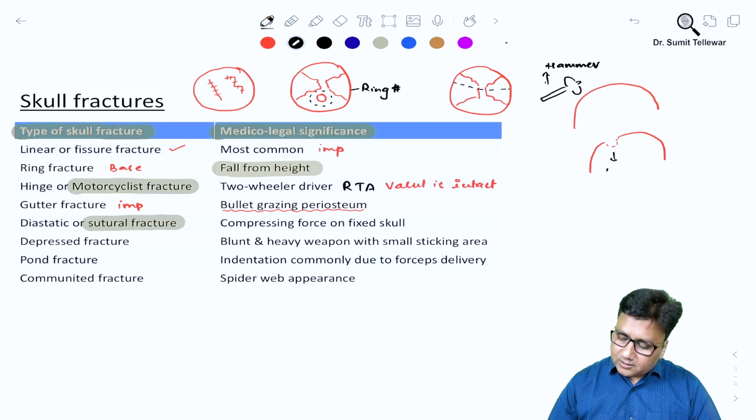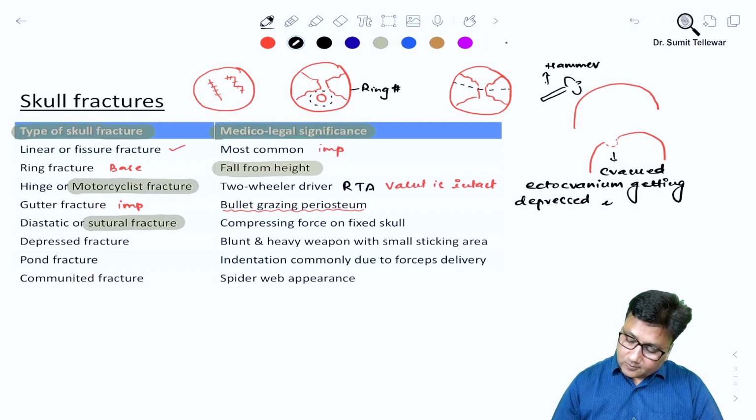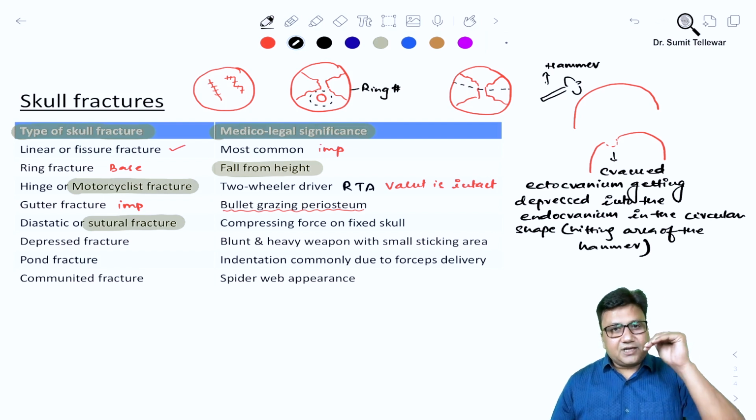We see the cracked ectocranium getting depressed into the endocranium in a circular shape, and that is the shape of the hitting area of the hammer. So the ectocranium gets depressed into the endocranium.